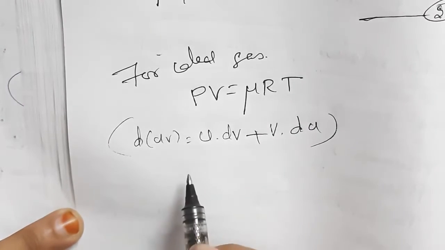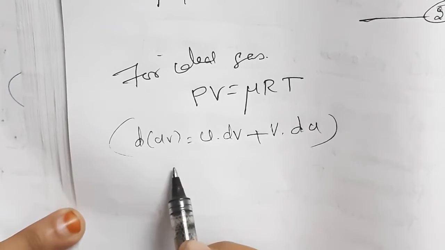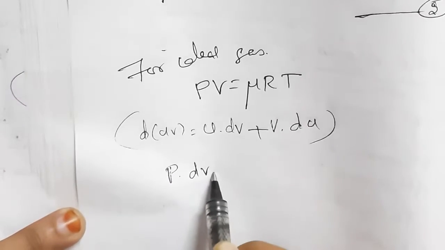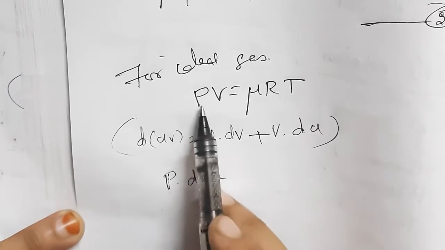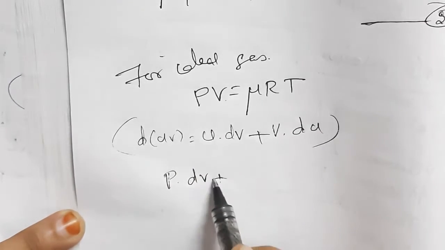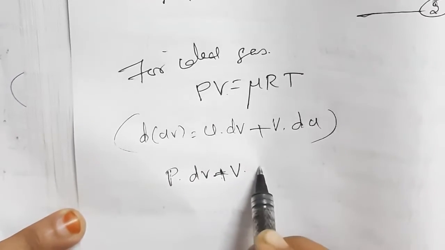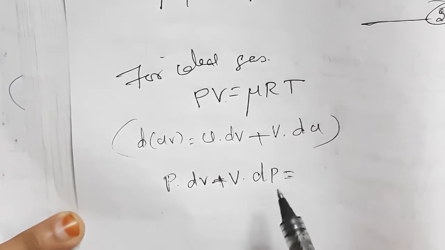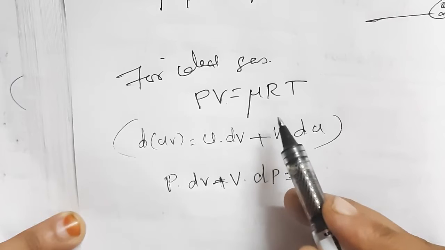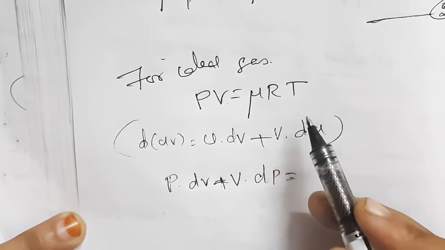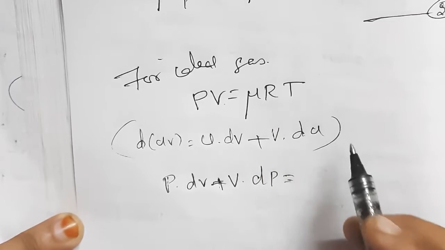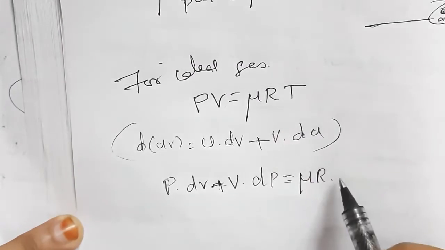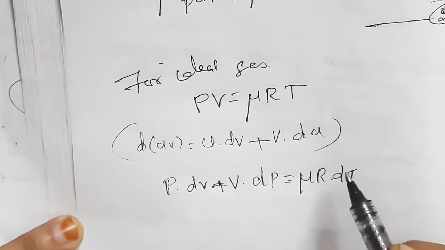PV, when differentiated, gives P into dV, with P constant and V differentiated, plus V into dP, with V constant and P differentiated, is equal to mu R, which is constant, into dT.